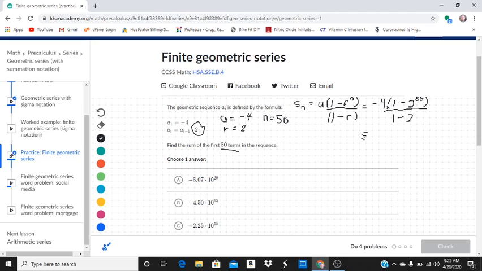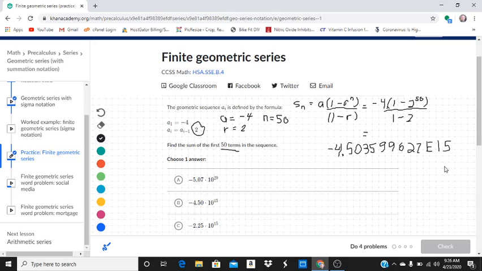Let me write down what I get so you can see it more completely: -4.5035 99627, then the way my calculator writes it, there's an E and then a 15.